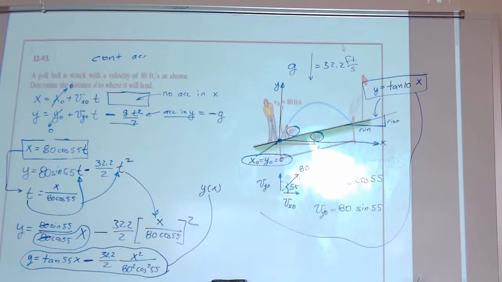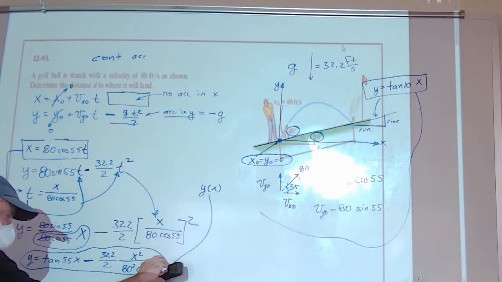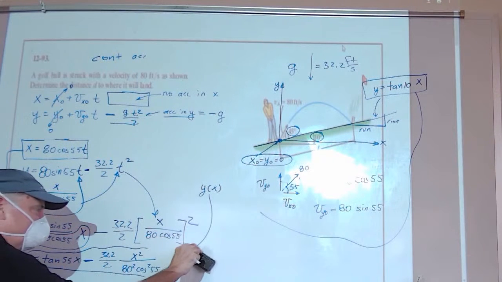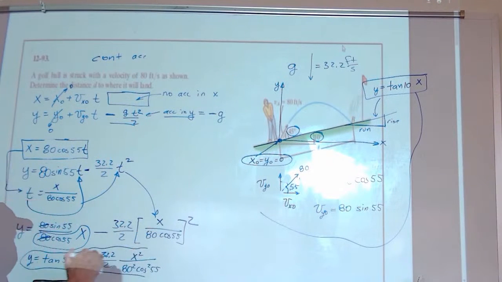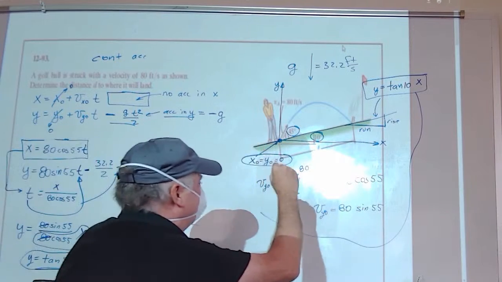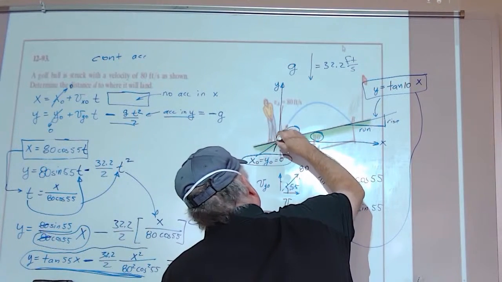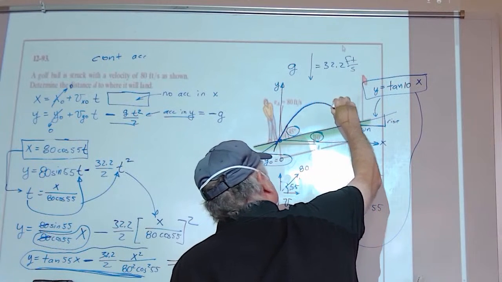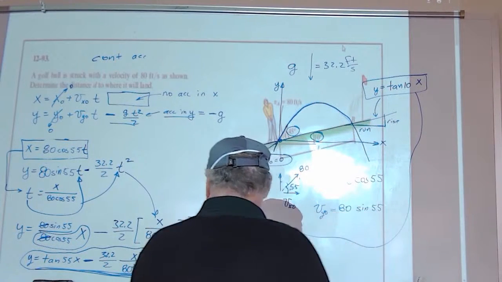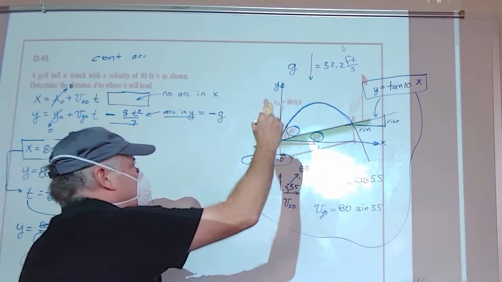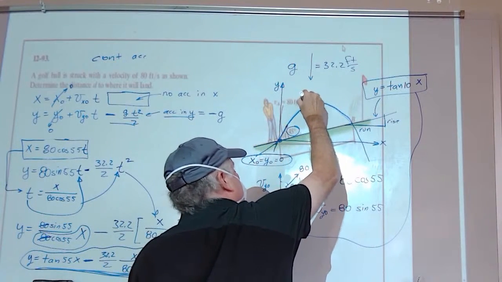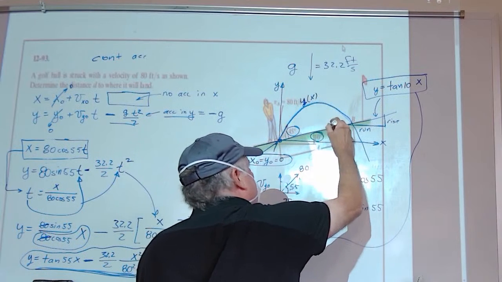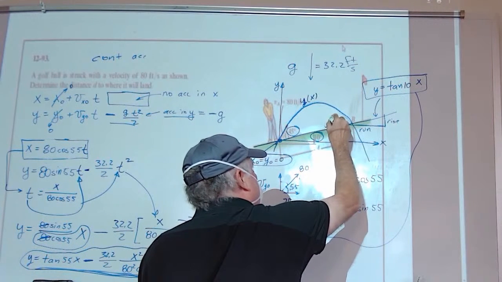So what I can do now, I can do this and set this equal to, so this is the parabola that's upside down that kind of goes like this. This is y as a function of x. And this is another y, a function of x.